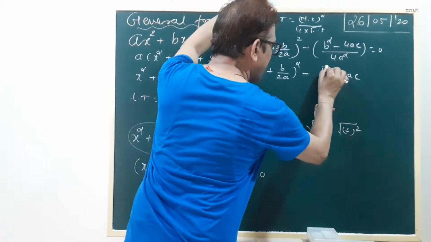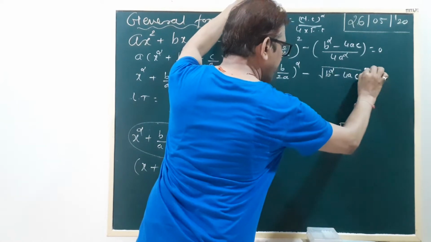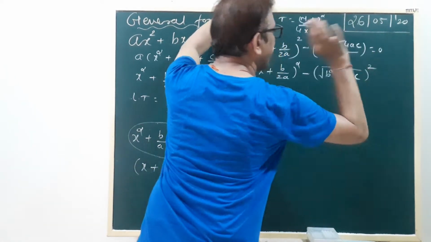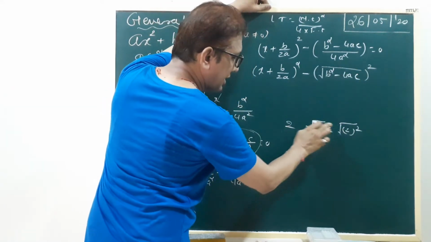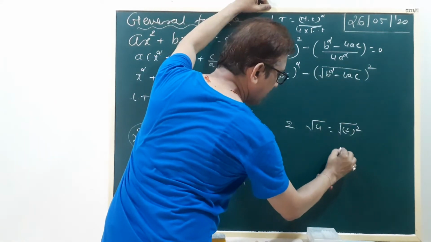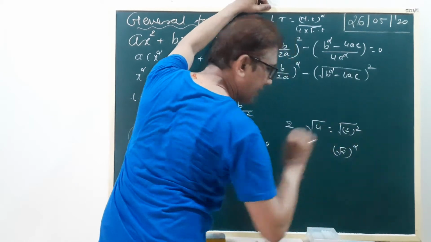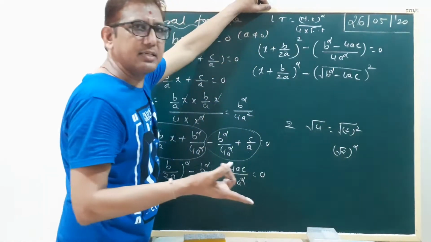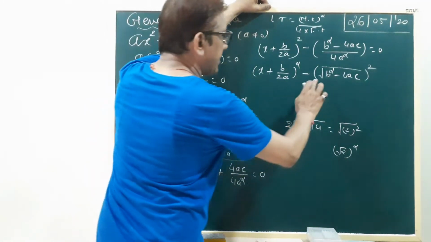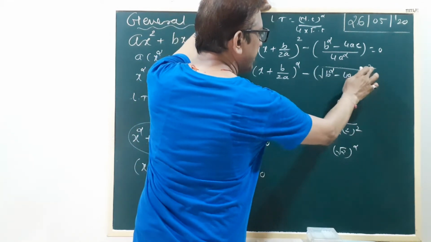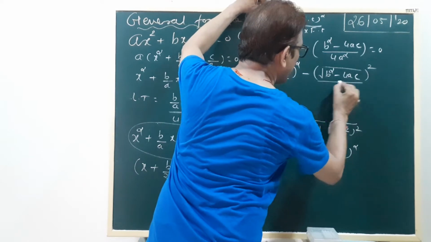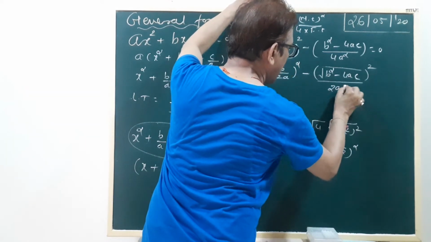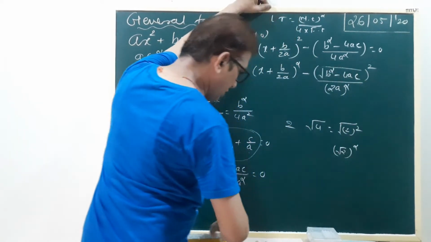We take the square root, and square, so square root and square both cancel. So here also the same. Here root 2 and square, so square and square root cancel, so the number itself remains. That means square root and square cancel, so the number itself. Okay? And the denominator 4a square becomes 2a. Okay, clear?